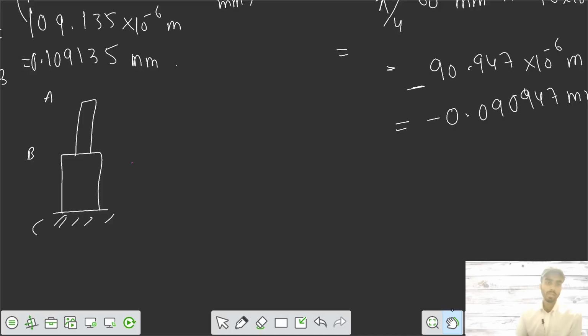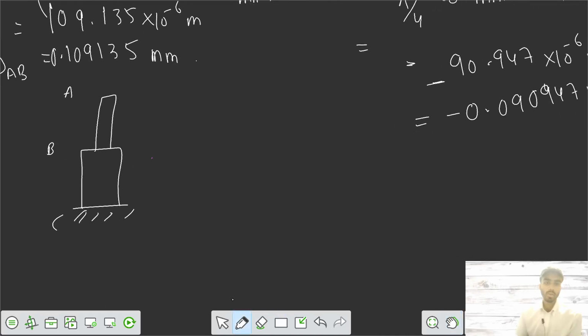So if BC has been compressed, it would go downwards. So your B gets displaced downwards by this amount. So now this B becomes here.